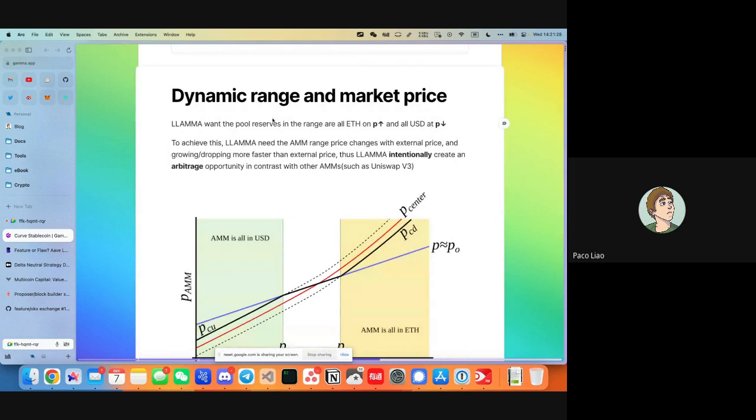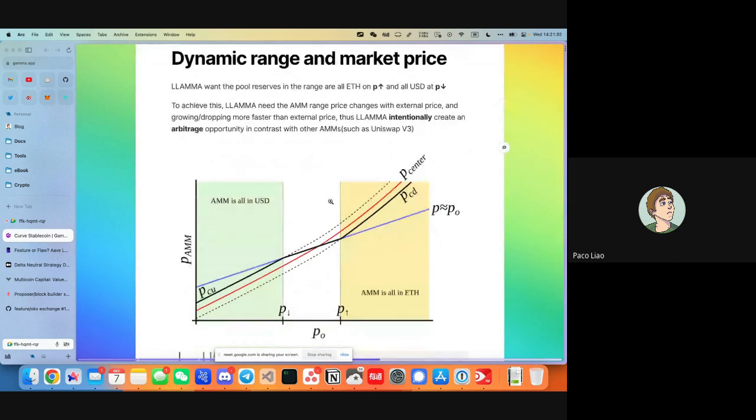They use a dynamic range and market price. This is a picture from their white paper. Llama will rely on external prices. So there's an external oracle, and they can get the external price from the oracle. And they define upper and lower prices on the external price.